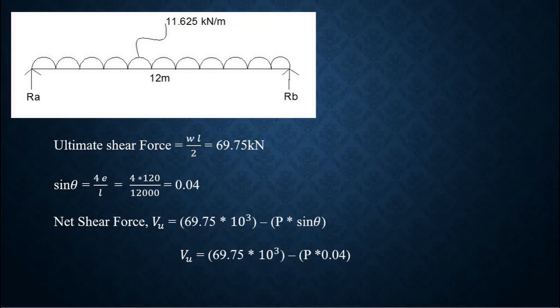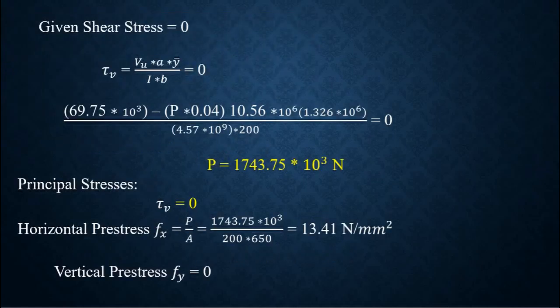So consider this, it is acting upwards, 69.75 into 10 power 3, converting from kilonewton to newton, minus P sine theta. As we have reaction downward, it is negative. So therefore VU is equal to 69.75 into 10 power 3 minus P into 0.04. Still P is not resolved, keep it as it is.